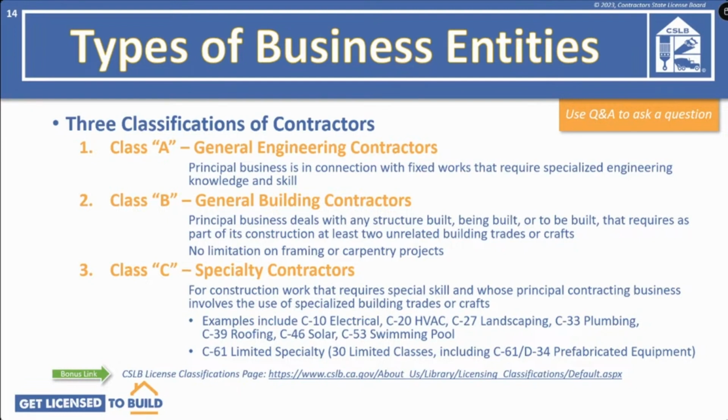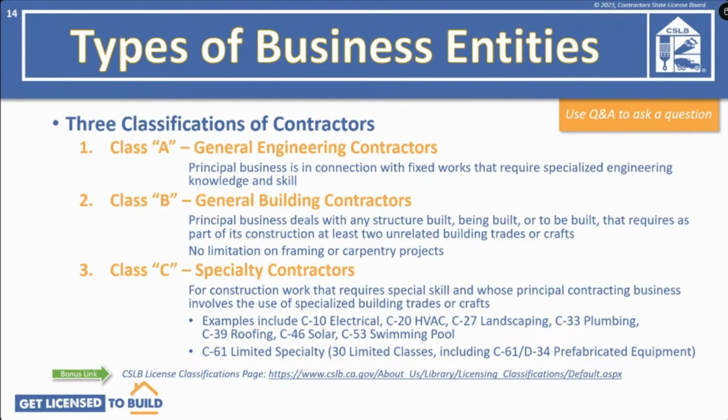There are also 30 limited specialty classes under the C61 classification. These include the C61, D34 prefabricated equipment class. More than 209,000 contractors hold a C license in California.